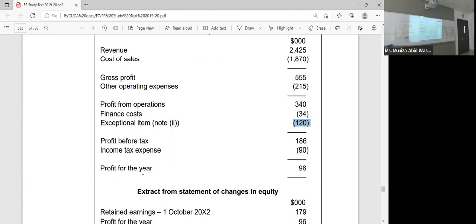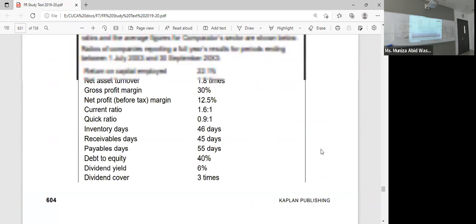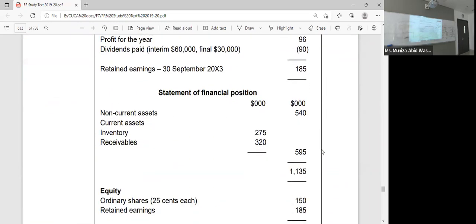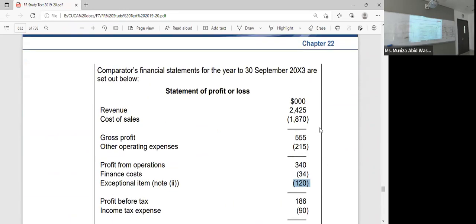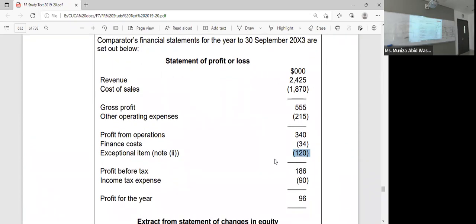So hence, this exceptional item would not arise every year. If without this exceptional item you calculate your net profit margin, 186 plus 120, do it. 186 plus 120 divided by 2,425. Yes, divide by 2,425. Then what is your net profit margin? No, dear. 186.